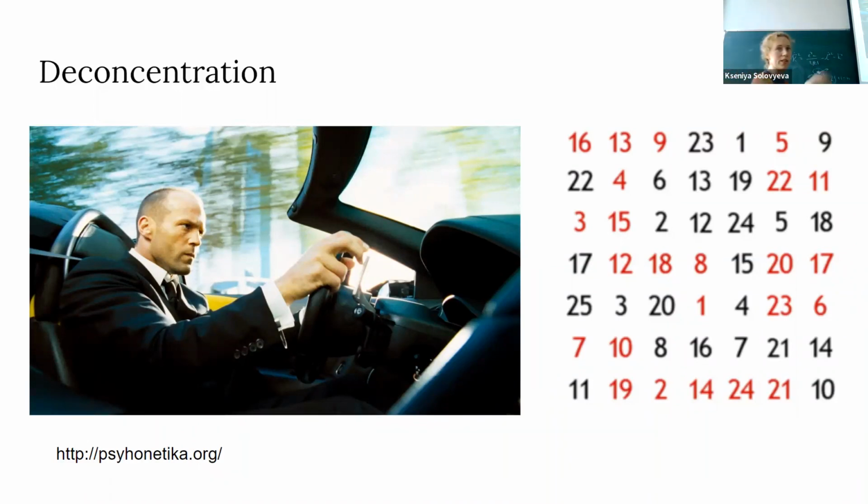You should find all the numbers, and if your time is very limited, you're good at this task. And usually people who can use the deconcentration are very good at this task. And I think that it's also connected with volume, so they can keep in their attention many objects at the same time.